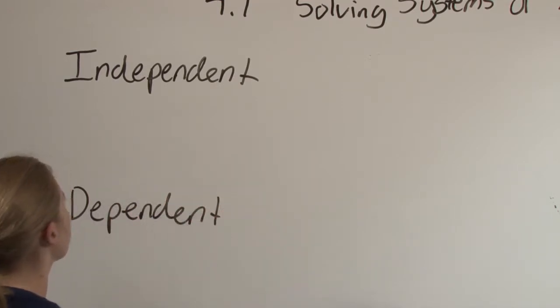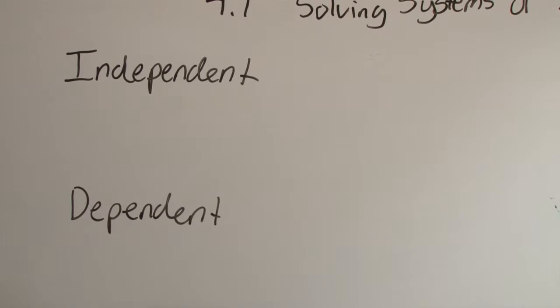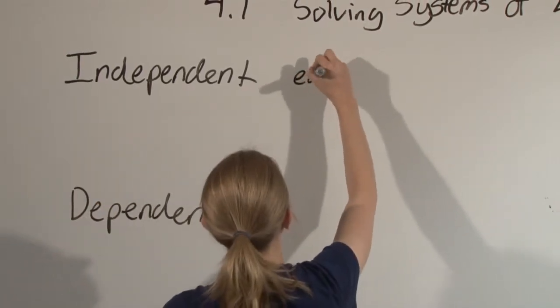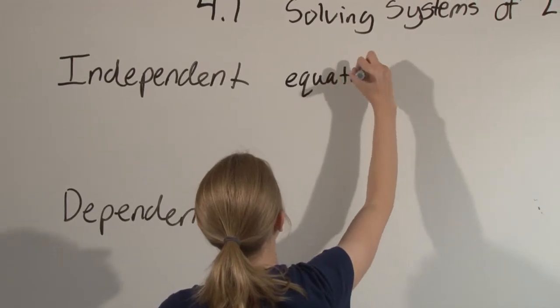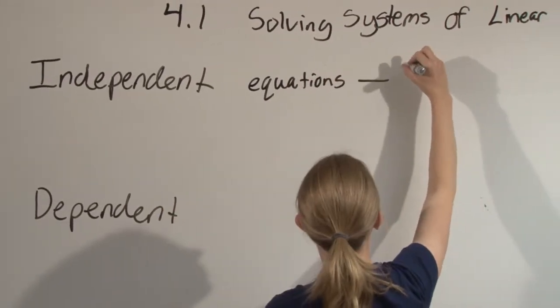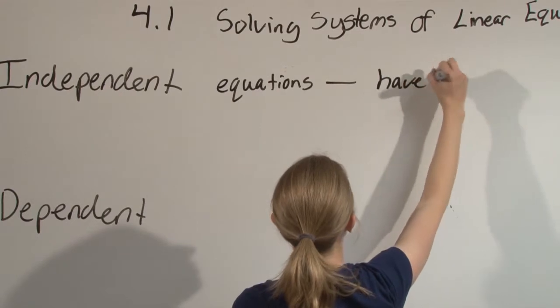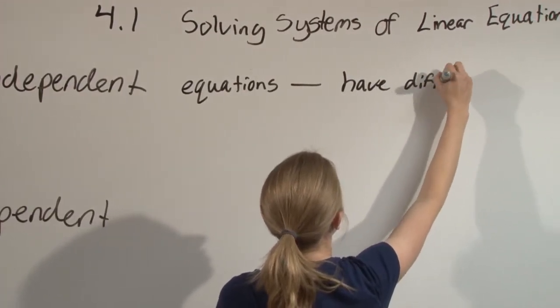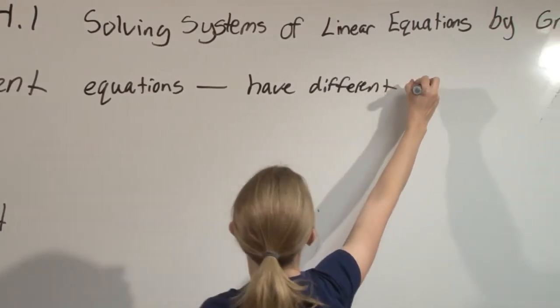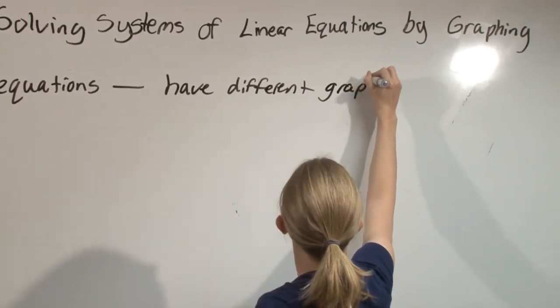The first 2 terms we're going to talk about are independent equations and dependent equations. So independent equations have different graphs. Basically, they represent different lines.